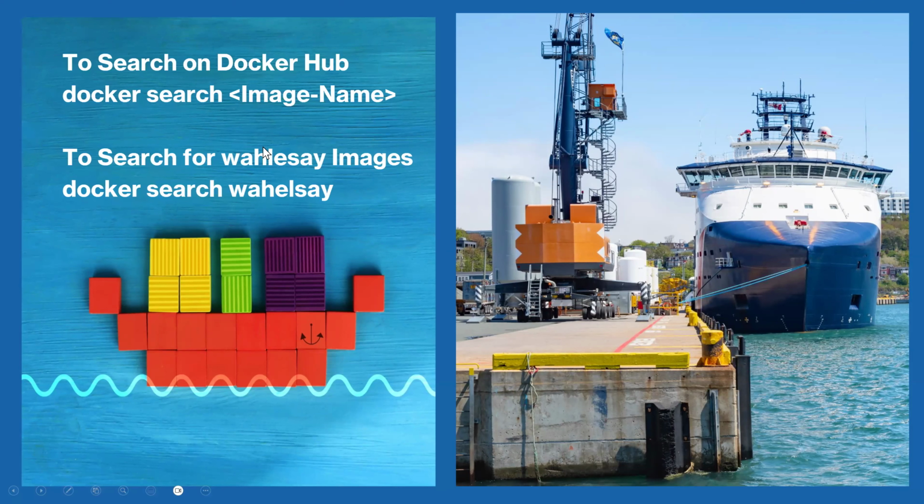And then if you want to search on Docker Hub, you can say docker search and then the image name. In this case, I show you an example, searching for an image name and typing docker search.